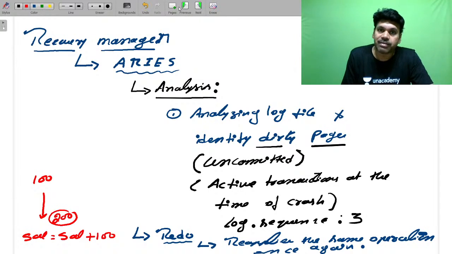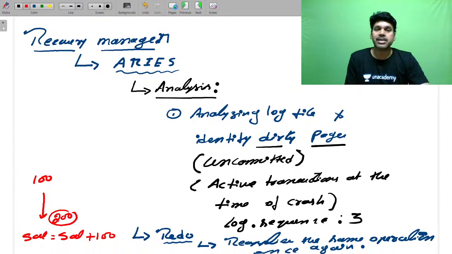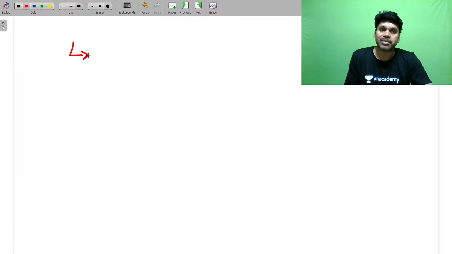Then after that, finally undo. The third phase is undo. It is trying to execute. What is undo? Whatever redo performed, that is going to be undone. So undo the action performed by redo.